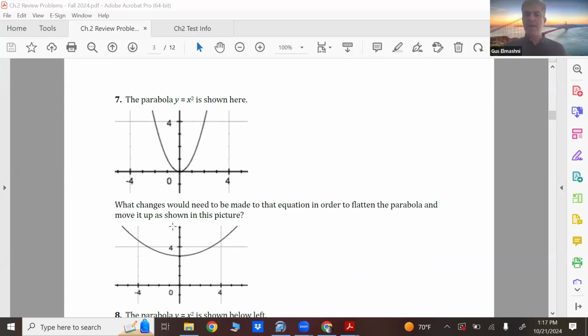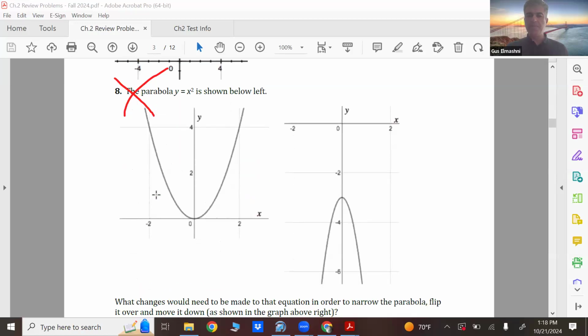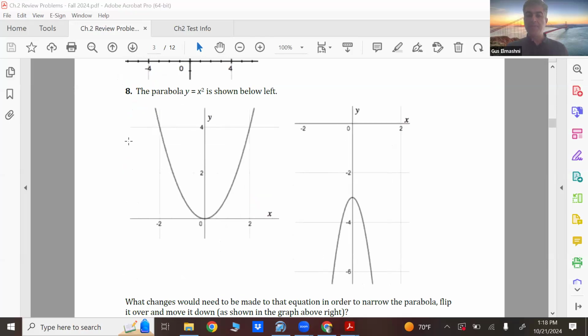Okay, for number 7, you should know that the A value is changing, but let's not worry about that one either, because that one's a little strange. So I crossed 7 off also. But I think 8's a good one. For 8, you do want to say that it reflects, right? It definitely flips.